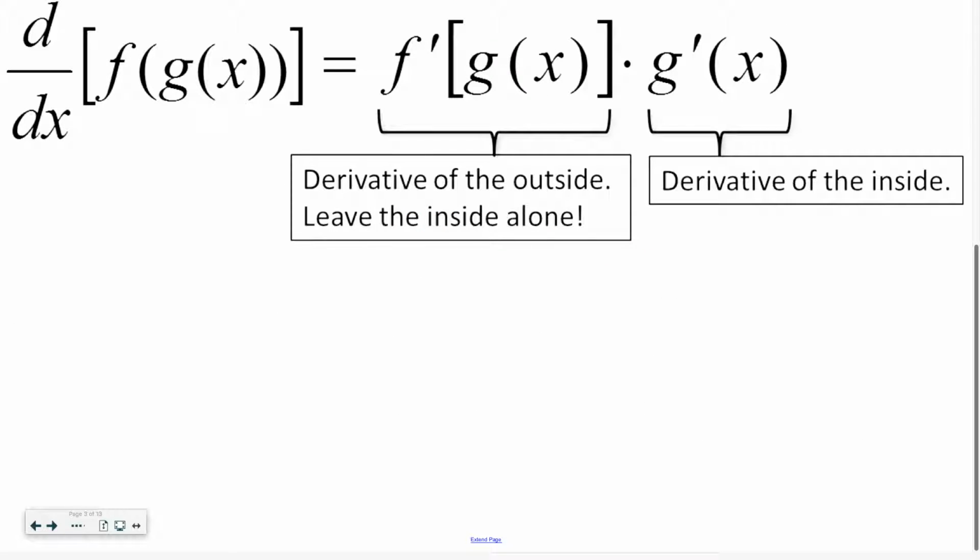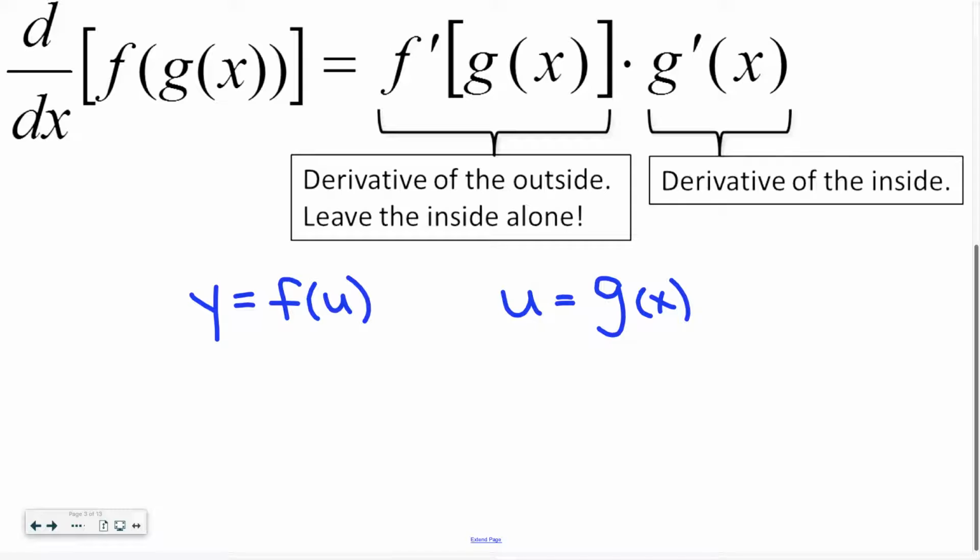Now, don't worry about writing this down. I just want to kind of prove to you why this is the chain rule. Okay? So let's say that y is a function of u. Okay? And u, this guy inside, is a function of x. Okay?